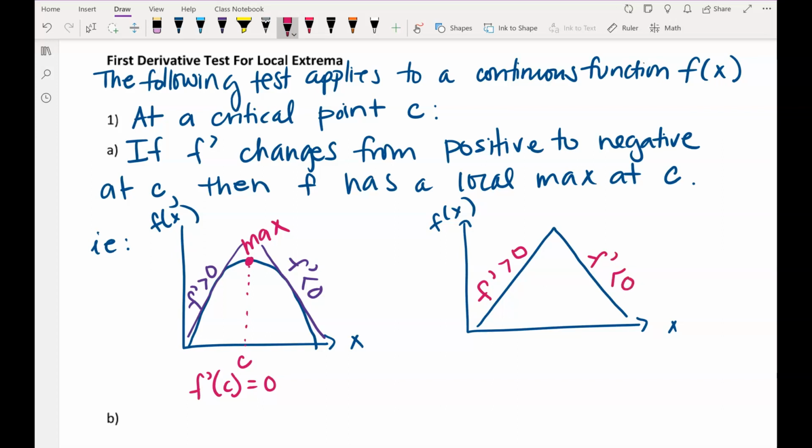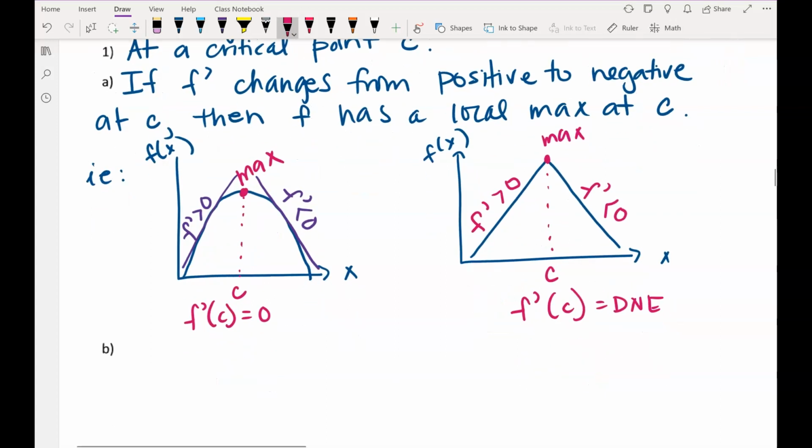So it's changing from positive to negative. So therefore, this is a max. And that's a max at an x value called C. Okay. Now this derivative right here, f prime of C, does not exist. Remember, the critical point can be when the derivative doesn't exist or when it equals 0.